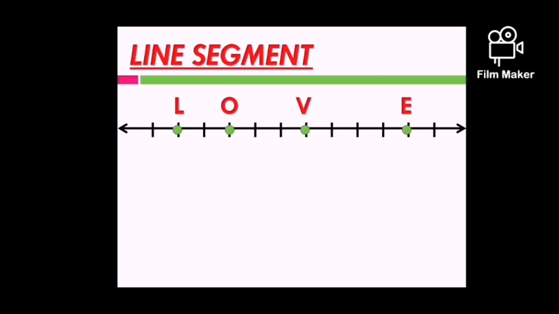In this illustration, there are 4 points on the line: point L, point O, point V, and point E. The segments are segment LO, segment LV, segment LE, segment OV, segment OE, and segment VE.